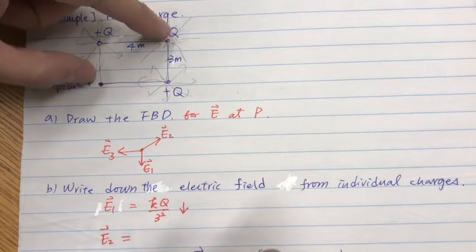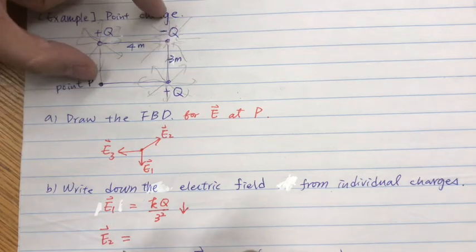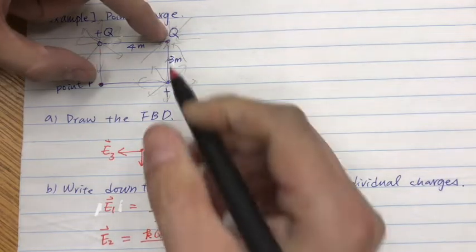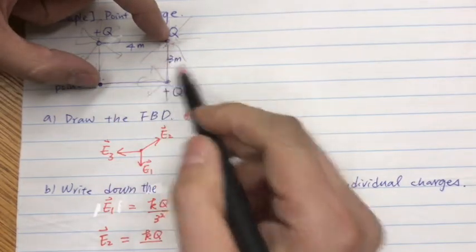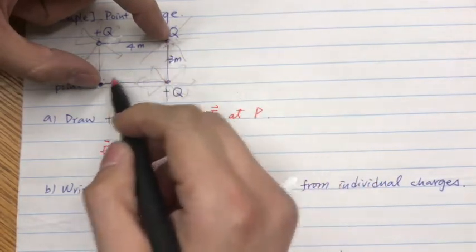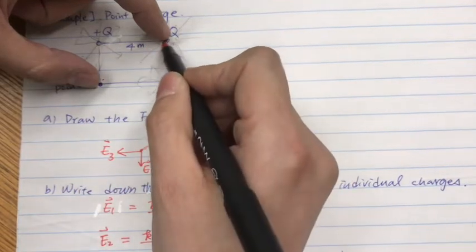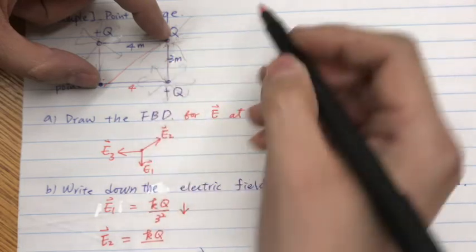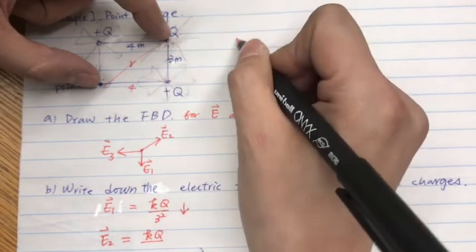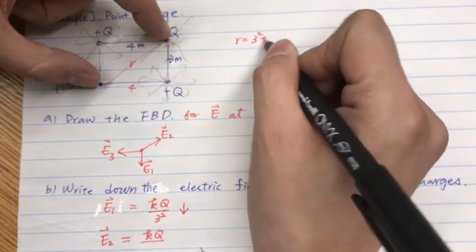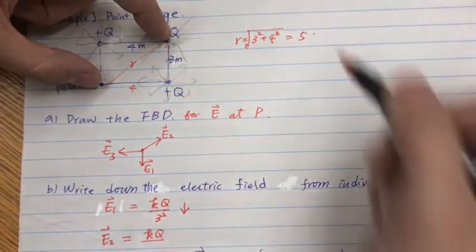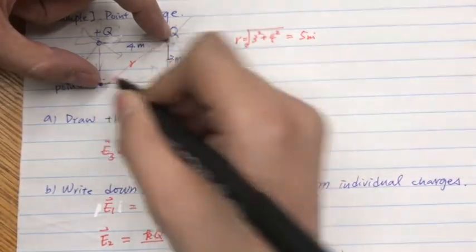E2 is the electric field between these two. So we have KQ over the distance between these two. If this is 3, this is 4, then say this is R equals the square root of 3 squared plus 4 squared, which is 5. So this distance is 5.